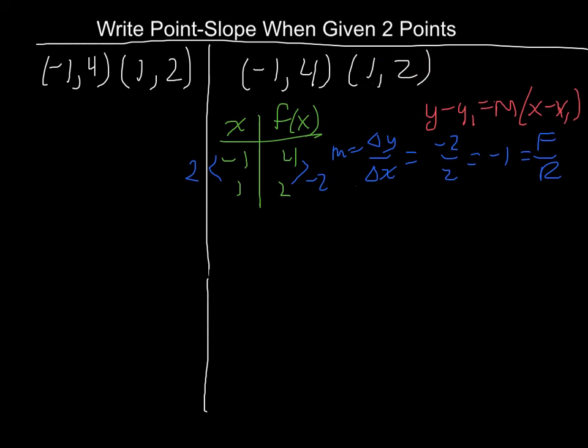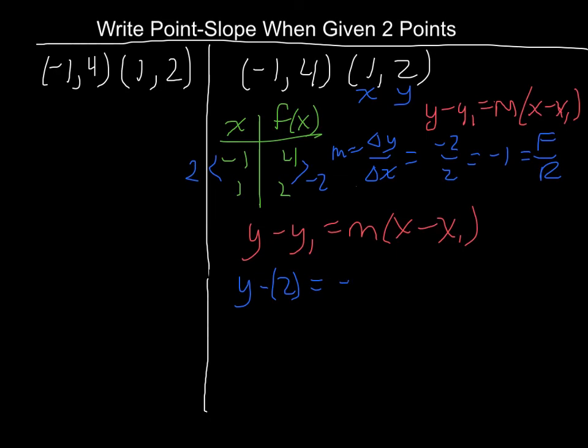So I'm going to plug that into my equation, and I'm going to rewrite my equation again so that I have it easy to plug into: y minus y1 equals m times x minus x1. My y is right here, and that's my x, so that's y minus 2 equals, and my m is negative 1 times x minus 1.